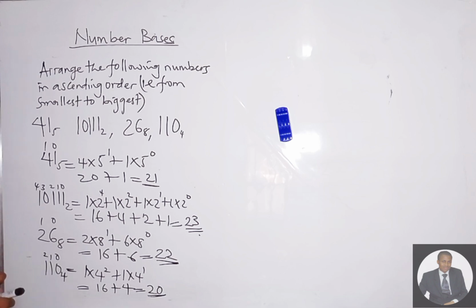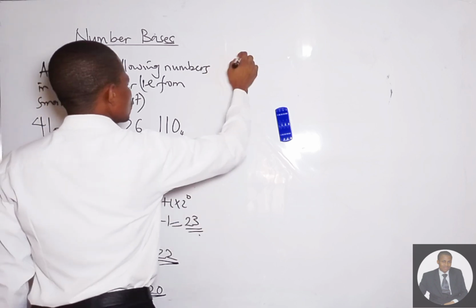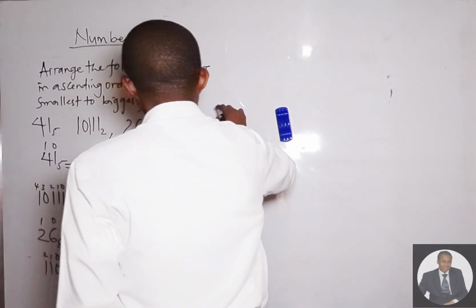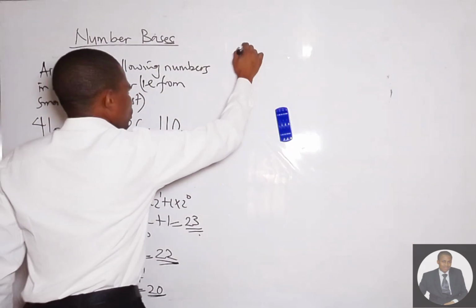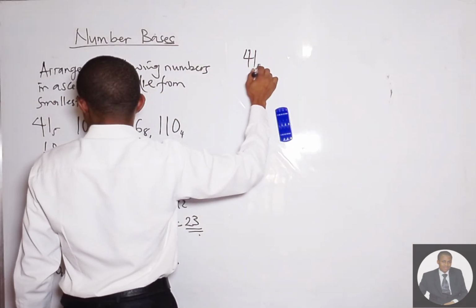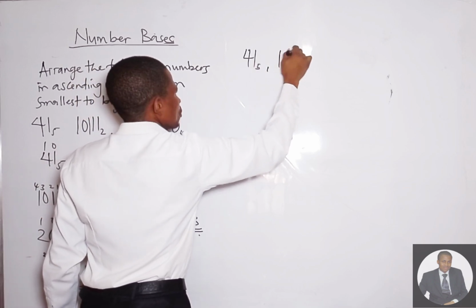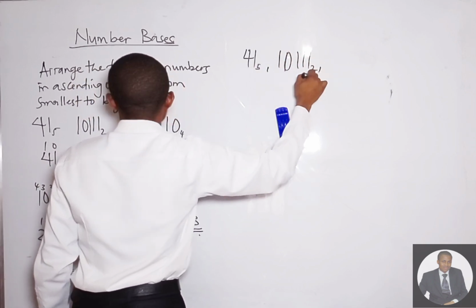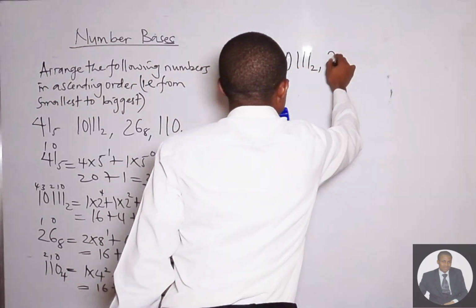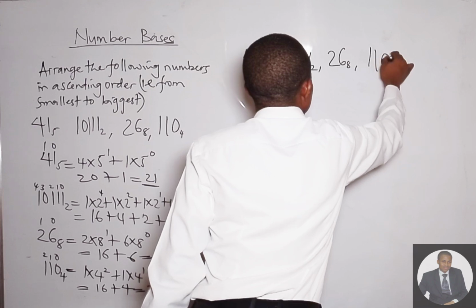So if we are to arrange this in ascending order, the smallest is 20. So our answer will be: 41 base 5, 10111 base 2, 26 base 8, 110 base 4.